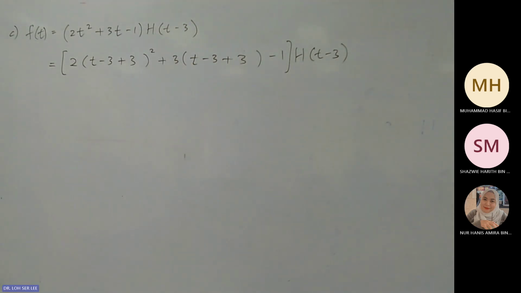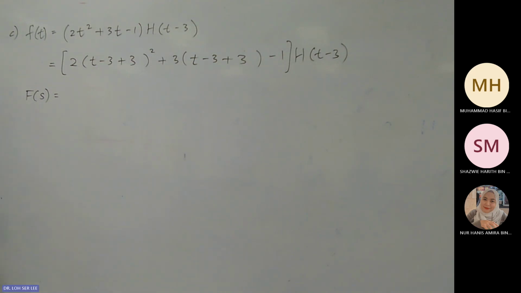Once you have filled up the bracket, you can start to Laplace transform. You can start the Laplace transform by taking out the minus 3, the minus a. When you take out the minus a, you will form the e to the minus as.